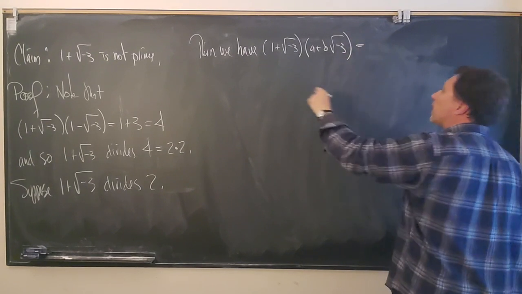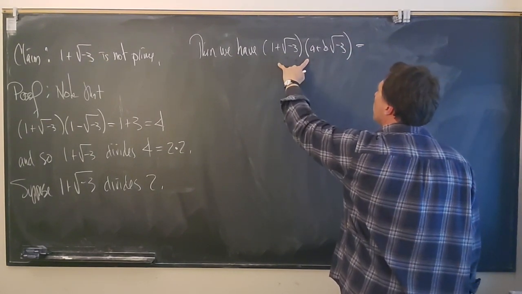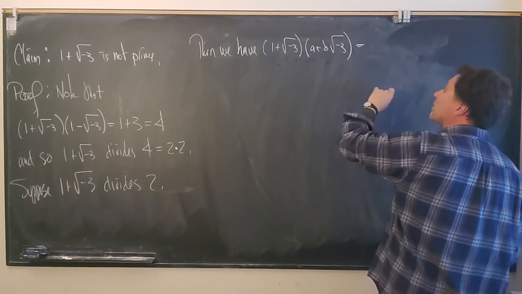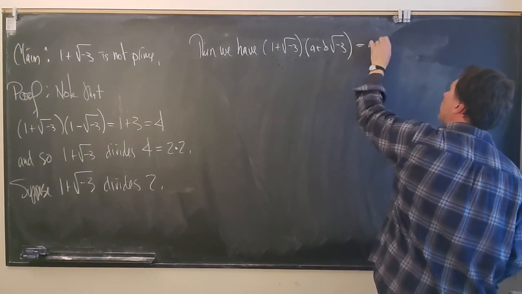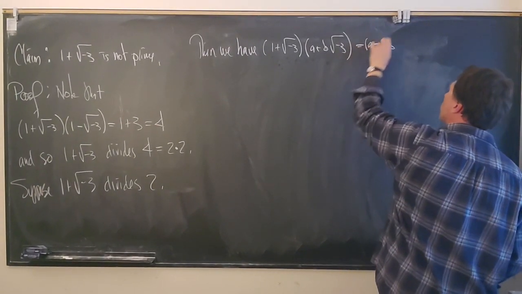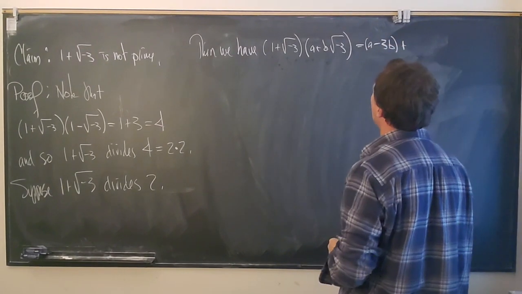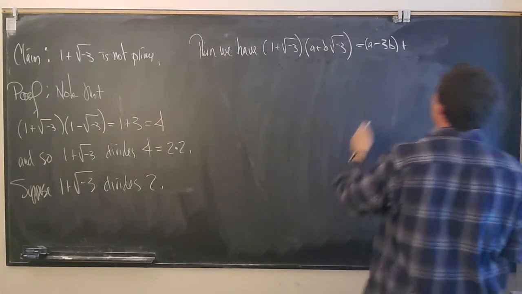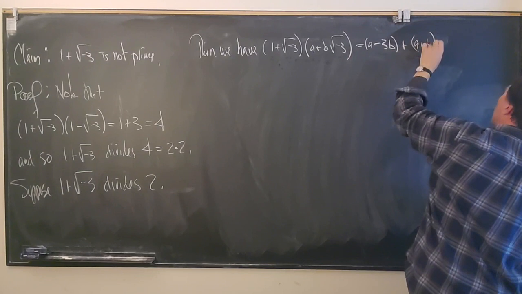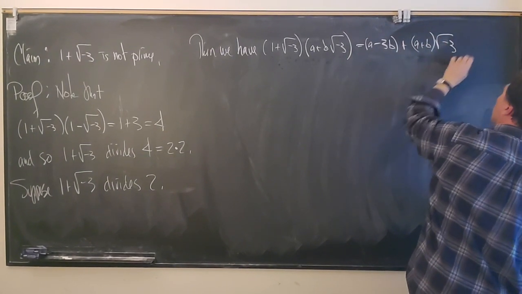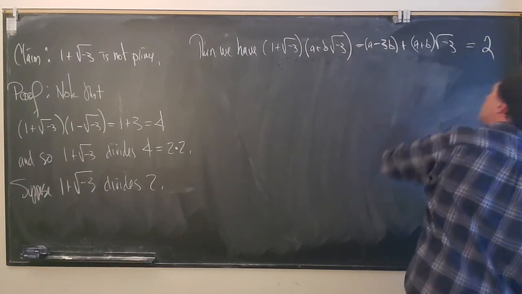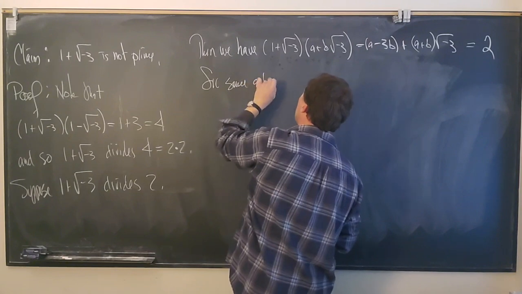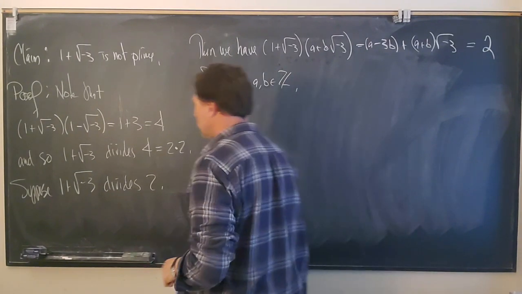This is equal to a minus 3b plus a plus b root minus 3 has to equal 2 for some a and b in Z. Right?